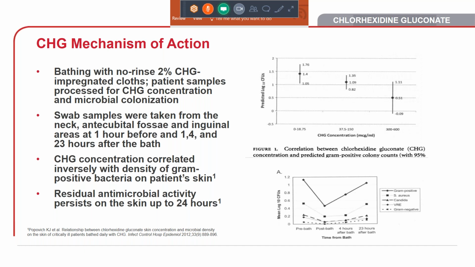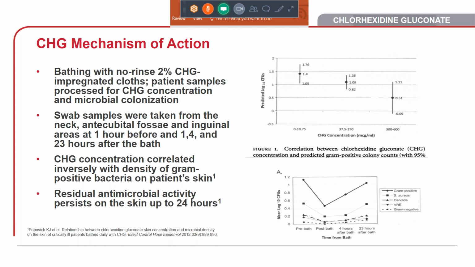There were direct observations done of the bathing. The chlorhexidine concentration correlated inversely with the density of gram-positive bacteria on the patient's skin, and that is actually highlighted in the top figure, where you can see that the y-axis is the log CFUs of organisms, and your x-axis is your chlorhexidine concentration.